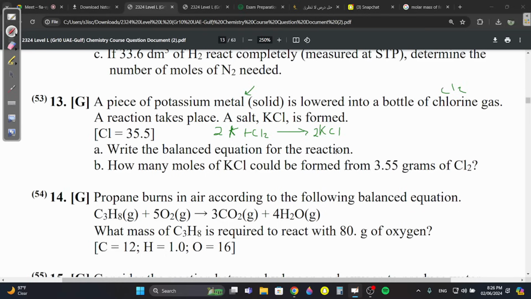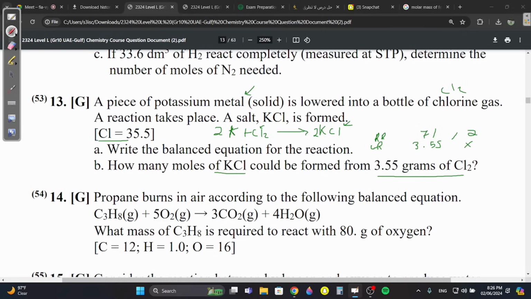How many moles of KCl could be formed from 3.55 grams of Cl2? So you do RR, GR. What's given to me? 3.55 grams of Cl2. What do I have in my reaction? I have Cl2. They gave me Cl is 35.5, so Cl2 is 71. How many moles of KCl? In my reaction, it's 2.